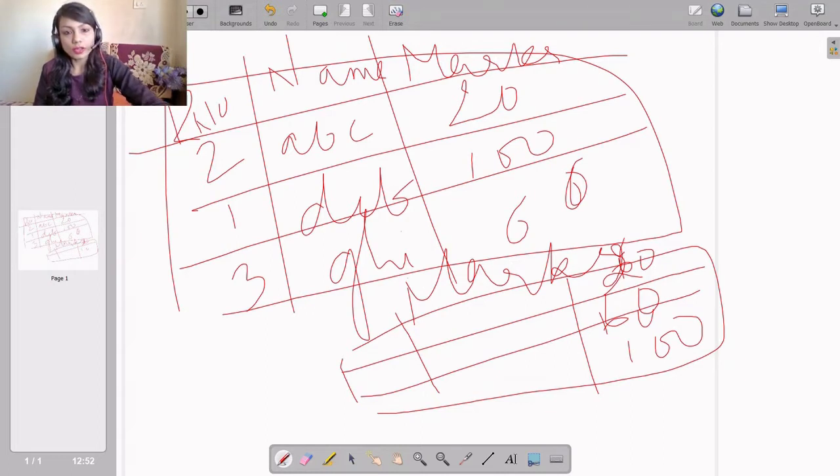Who has got 20 marks? That is ABC, roll number 2. Then who has got 60 marks is GHI, roll number 3. And who has got 100 marks is DEF, roll number 1.